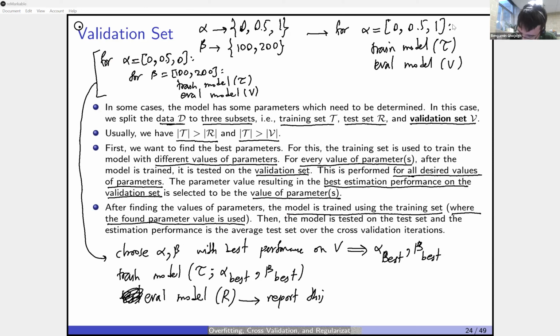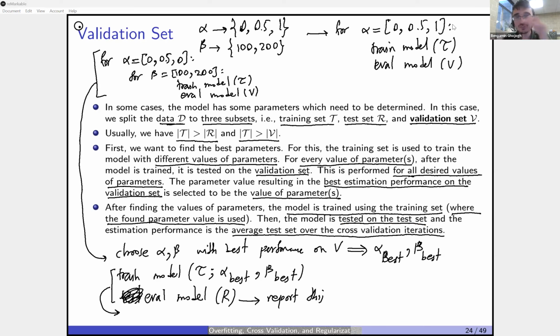Then the model is tested on the test set. And the estimation performance is the average test performance over the cross-validation iterations. So again, you either do this or you can have a cross-validation for these two. So you will have several test performances and you can have an average test performance, right?